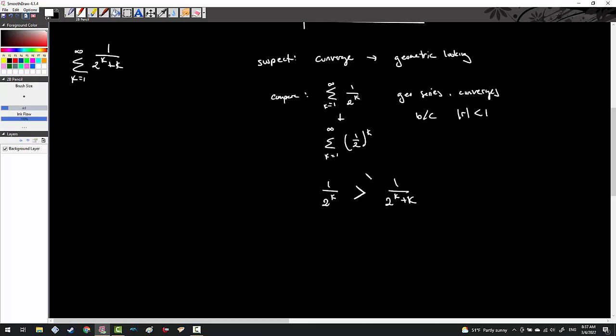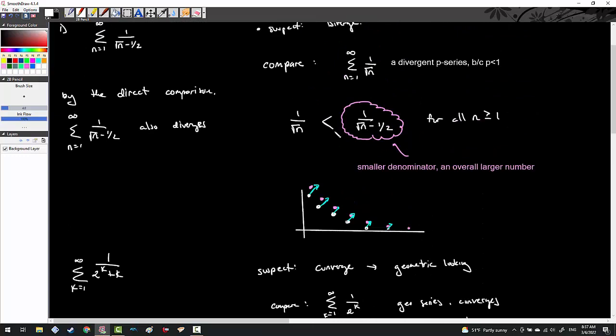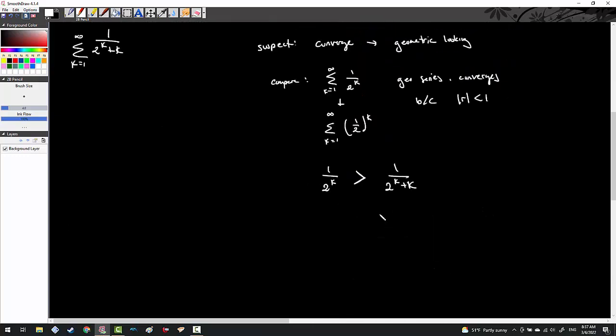So in the last example, the larger denominator indicated divergence. But in this case, we have a larger denominator, and I want you to pause for a second and think, is this a good thing? This is opposite of what we had in the last example. Well, I would suspect that it is. This is good.